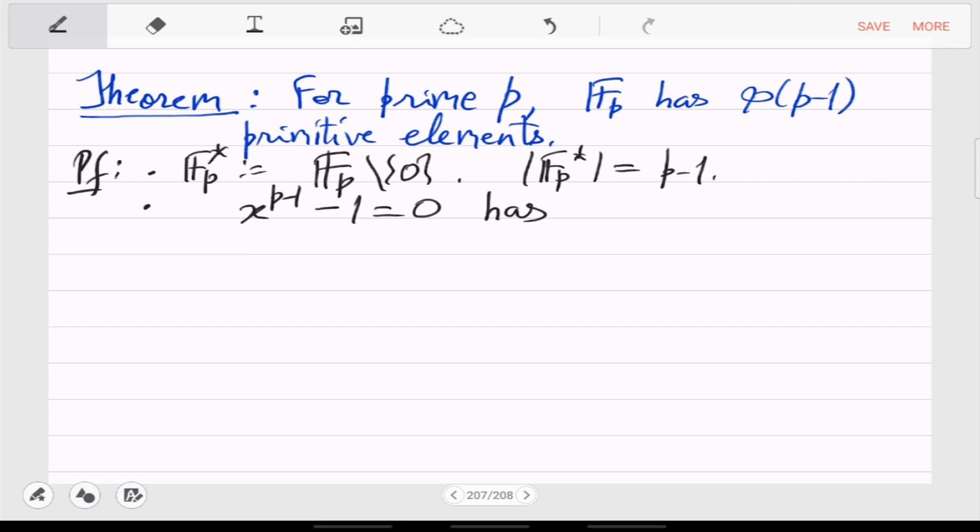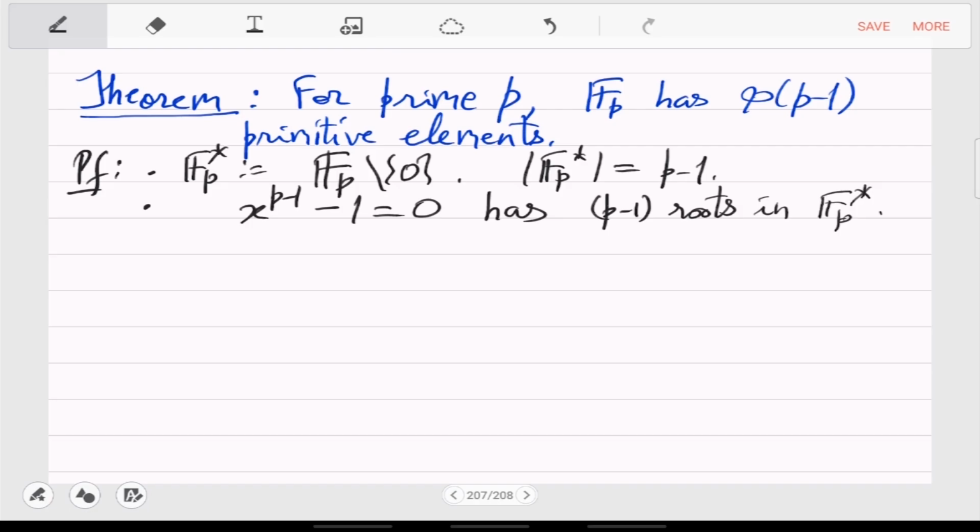Everything in Fp except 0, right? So it has p minus 1 roots in Fp star. Every element in Fp star satisfies this equation, it's a root. So it has degree p minus 1 and it has p minus 1 roots, right? So it cannot have more, but it has exactly these many. So this equation will be the cornerstone of the proof.